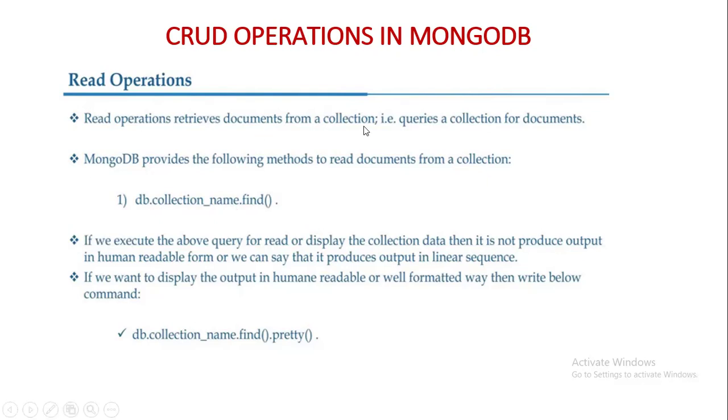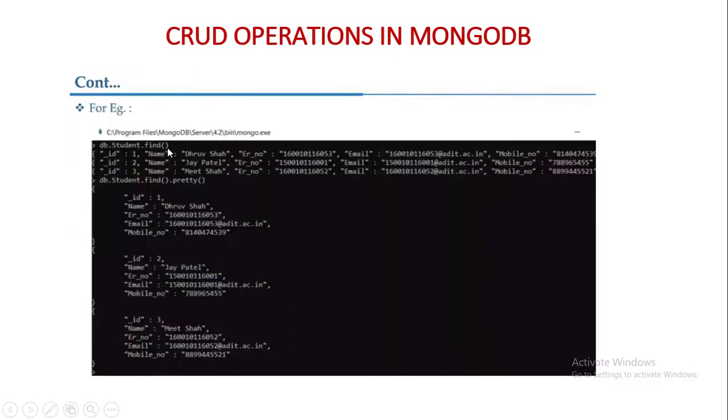In order to display in a well formatted way, we additionally use the pretty() function. So db.collection_name.find().pretty(). Before using the pretty function, it retrieves the documents from the collection and displays them to the user like this. If you use the pretty function, it will display the documents neatly, right? So that's the difference between using pretty and not using pretty.